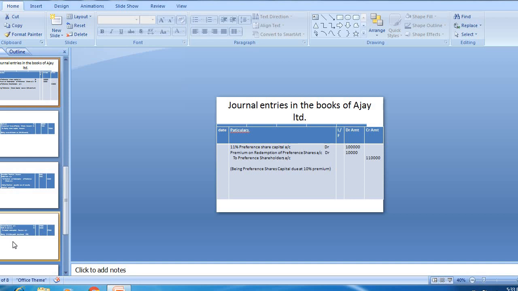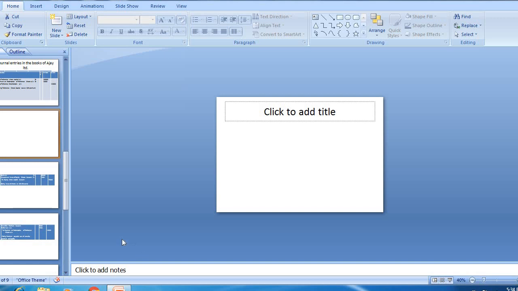If you calculate 10% premium on rupees 1 lakh, it comes to 10,000, which is debited to the preference shareholders account. Hence, the amount due to the preference shareholders, that is 1,10,000, should be credited to preference shareholders. So this is the second journal entry that we should pass.